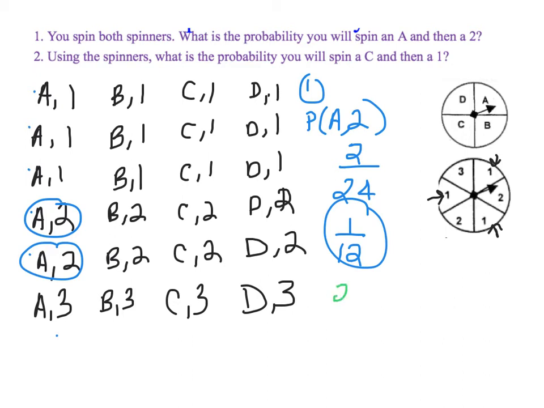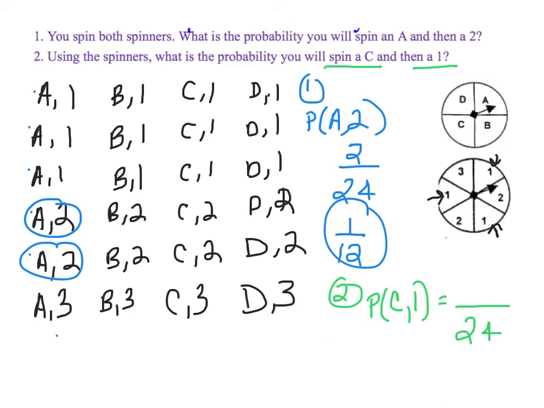For number 2, we'll go ahead and enter your answer for number 2. So for number 2, I'm looking for the probability that you will spin a C and then a 1. It's the same 2 spinners, so I still have a total of 24 different outcomes.